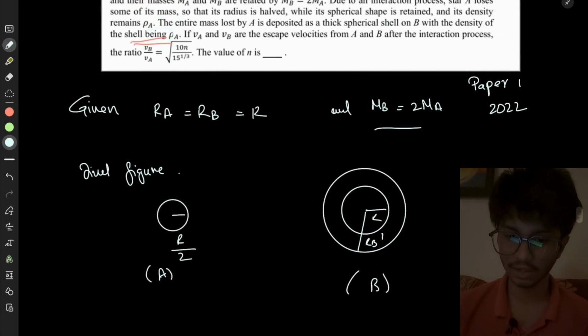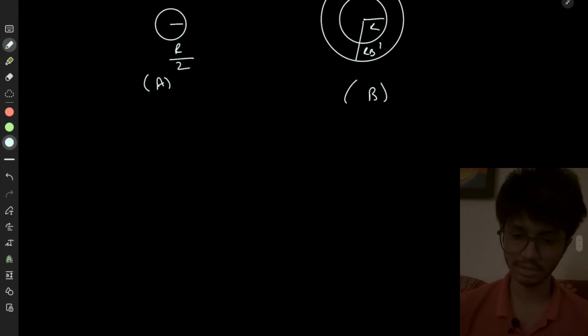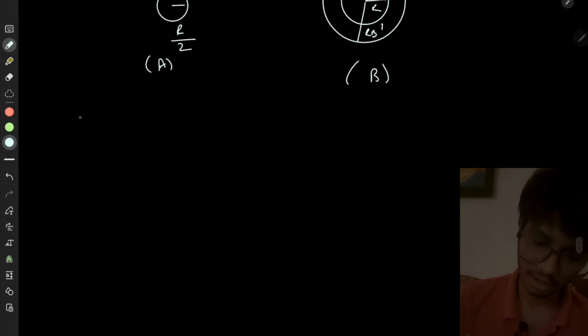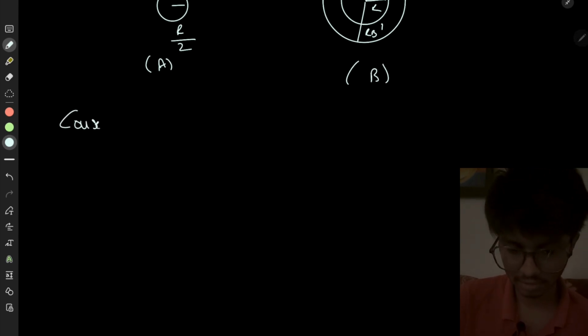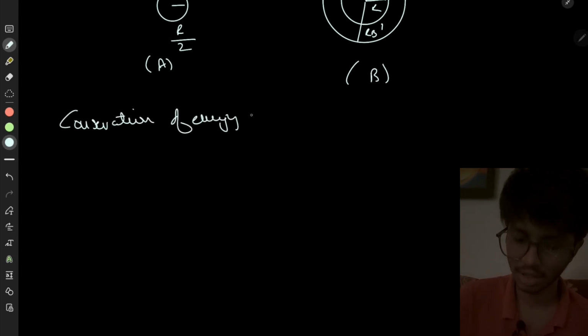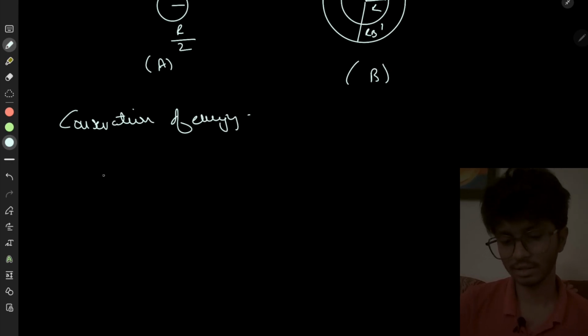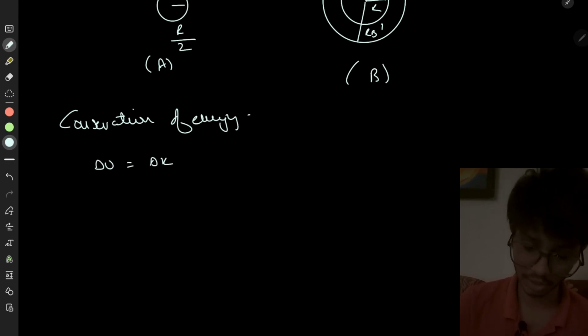Okay, so first let's calculate what the escape velocity formula is. Let's derive that by conservation of energy. We can say that delta U is equal to delta K. Change in potential energy is equal to change in kinetic energy.